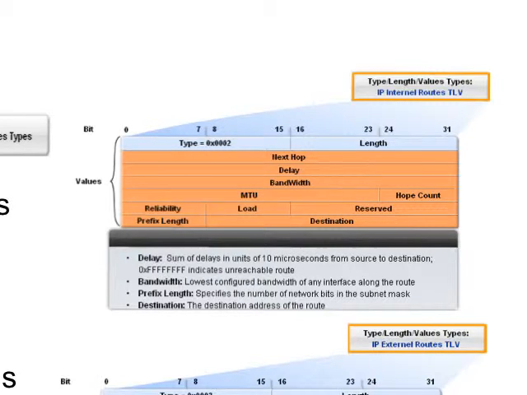Remember, in RIP, this actually contained simply the next hop and a hop count. Okay? Here, of course, we have a lot more than that. We have delay, we have bandwidth, we have load, we have reliability. And we have some other fields, including the hop count if needed, but these are not in fact used.